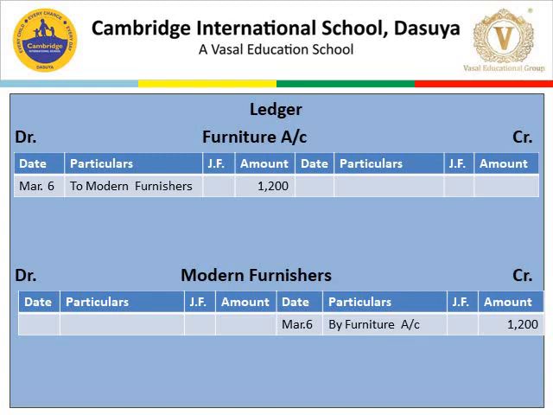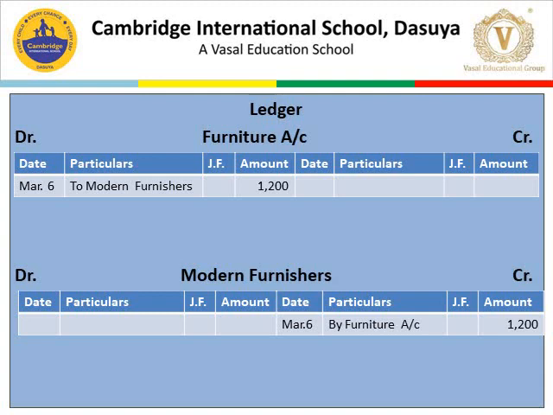After drawing the format, now in the furniture account, according to the journal entry, furniture was debited. So in the furniture account, on the debit side, we will write "To Modern Furnitures 1200", because furniture was debited in the journal entry.